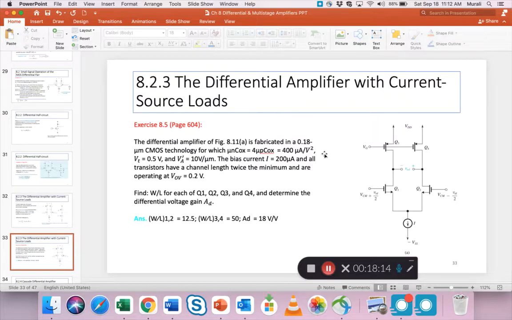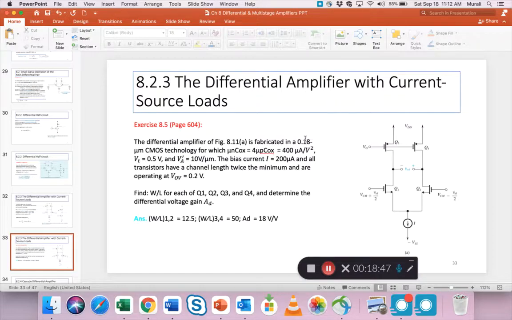So the differential amplifier is fabricated and we are given the K parameters. There's a matched set. This and this, I guess, are matched because mu n COX is 4 times mu p COX, which is 400. Vt is given, Va prime is given, bias current is given, and all transistors have a channel length twice the minimum.